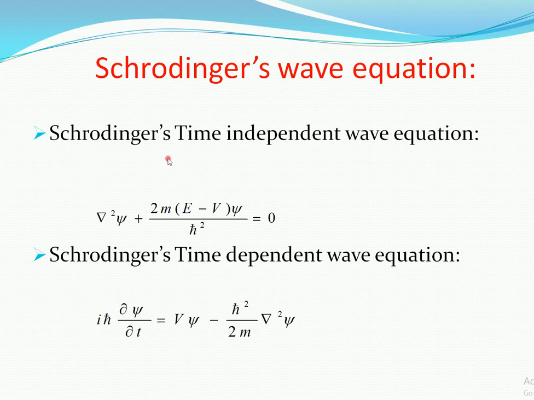The Schrodinger's time independent wave equation is del square psi plus 2m into E minus V psi by h cross square is equal to 0, where psi is the wave function, capital E is the total energy, and V is the potential energy. And the time dependent wave equation is i h cross dou psi by dou t is equal to V psi minus h cross square by twice m into del square psi.